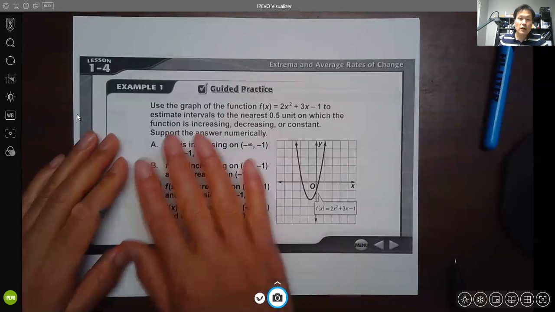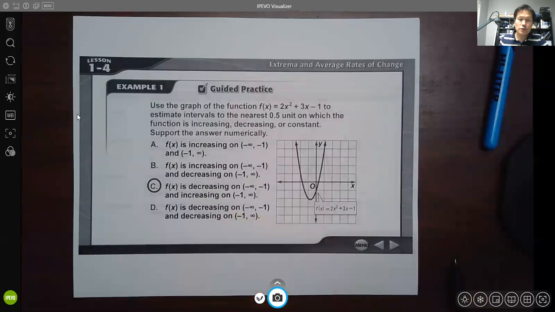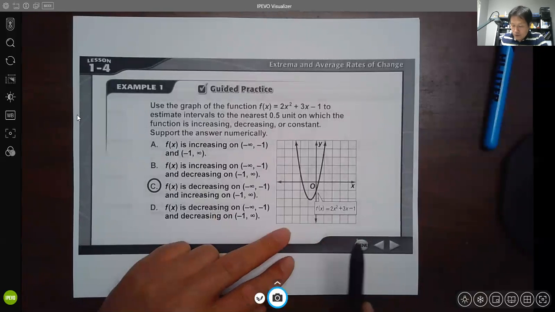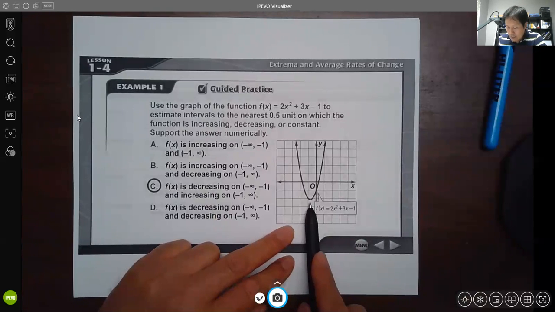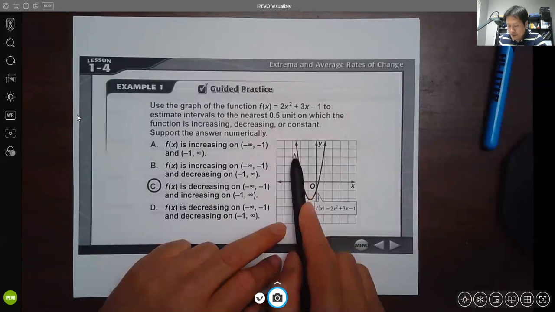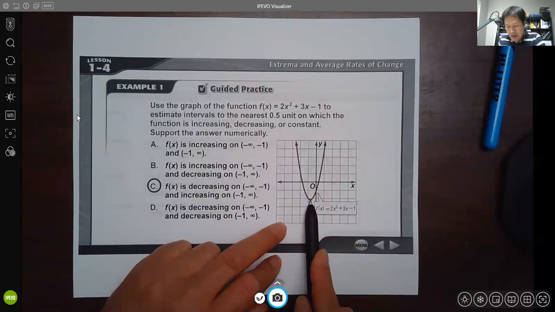Okay, you try this, please. Pause the video, you try. So if you have looked at it, it's decreasing up to here. It's not exactly -1 here. It's a little bit to the right of -1.